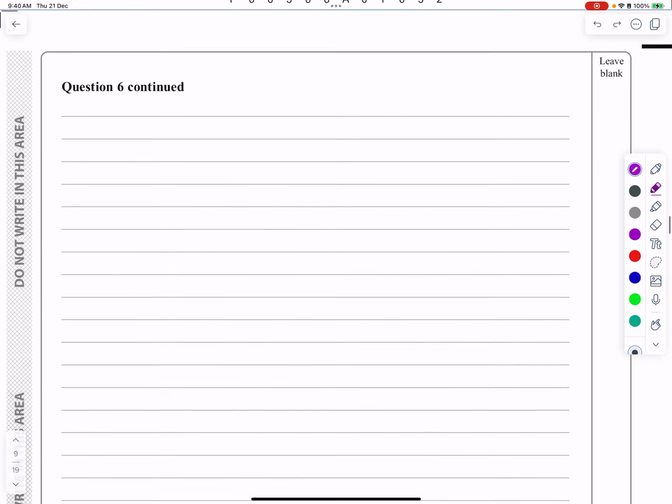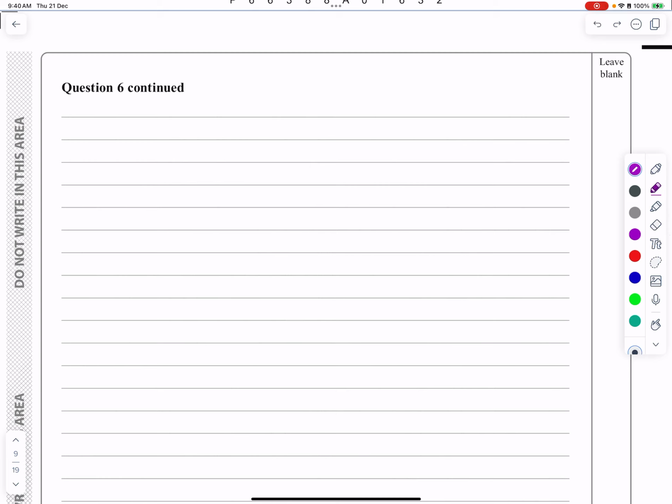Okay, so we had 3 sine 2x cos 2x all over 2 sine 2x minus 1 is equal to 5 tan 2x.